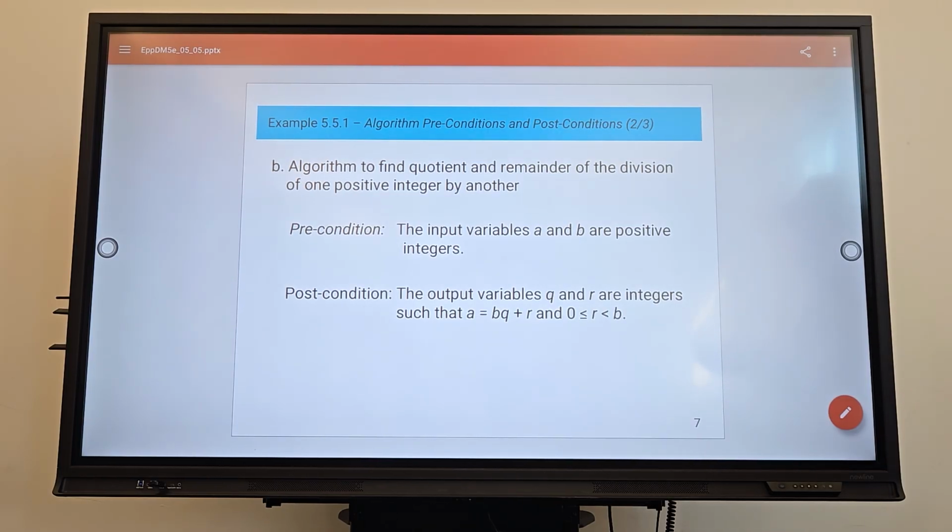The precondition would be the input variables a and b are positive integers. Postcondition would be the output variables q and r are integers such that a equals bq plus r, and r is less than b but greater than or equal to 0.